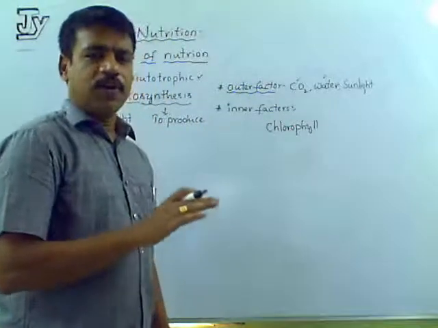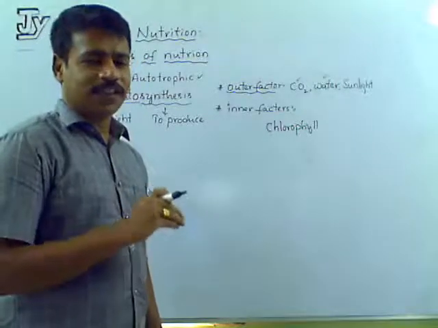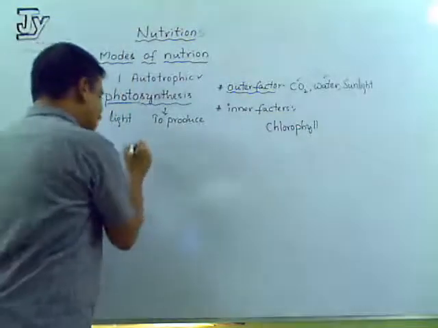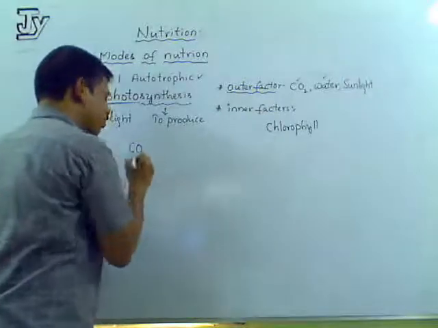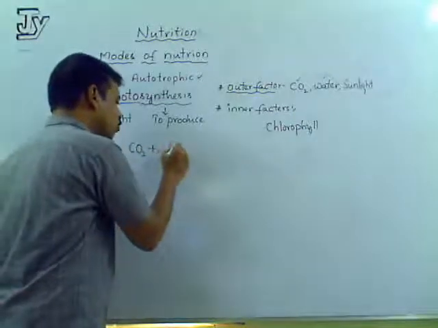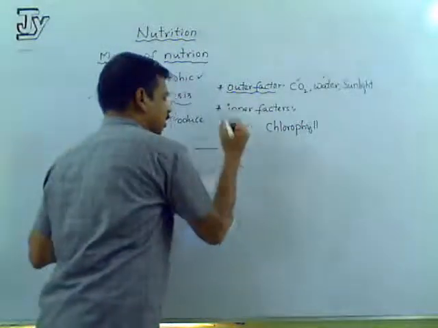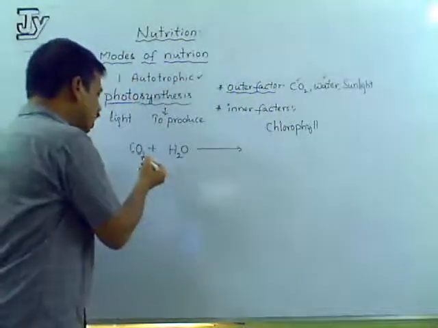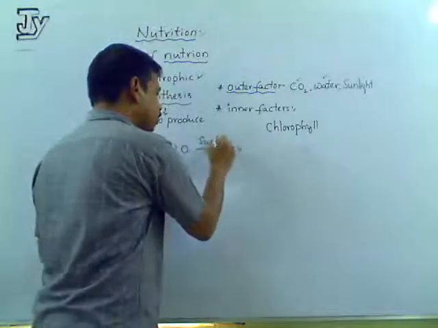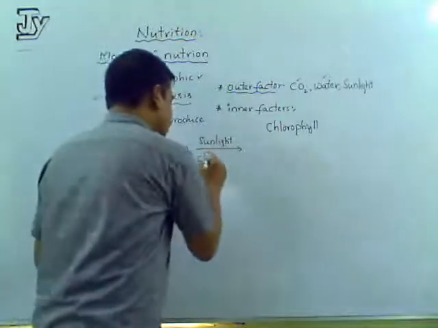So how does photosynthesis take place? We have to discuss this process in an equation. All the green plants utilize carbon dioxide from the environment and water from the soil, and they synthesize both carbon dioxide and water molecules in the presence of sunlight and chlorophyll.